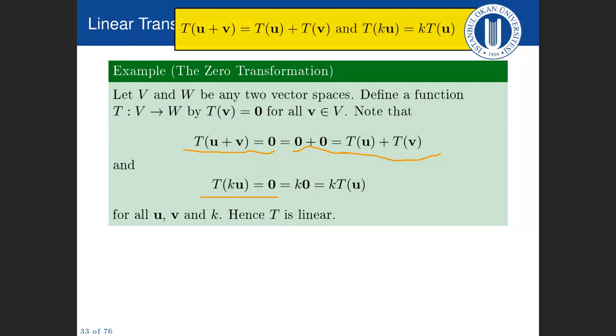T of KU is the 0 vector because T maps every vector to the 0 vector, and K times TU is also 0. So we satisfy both of the rules in the yellow box at the top. Therefore, this function is a linear function. This linear function is called the zero transformation.